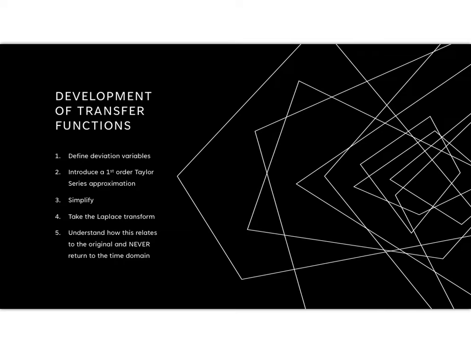We haven't talked about before. Basically, what we're going to do is define a new variable, x prime, that is x minus the steady state value of x. We're going to use an overbar to denote the steady state value, and we'll use a prime to indicate a deviation variable.